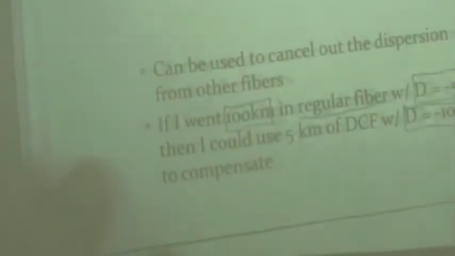So I go through regular fiber. Say I went through 100 kilometers of regular fiber that had a dispersion parameter of 5, then my delta T is 5 times L times delta omega. If I have dispersion compensating fiber that slopes the other way, has a dispersion parameter of 100, then what length do I need?